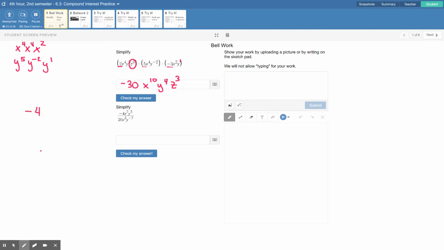Now negative 4 over 20 simplifies as negative 1 over 5. X squared divided by x to the third. You minus the exponents.